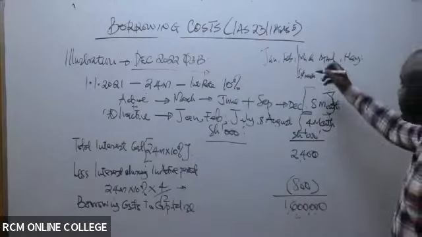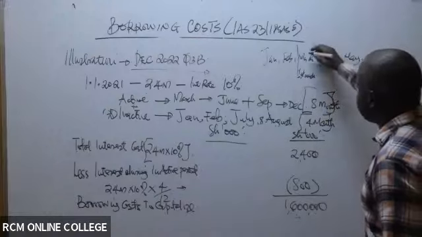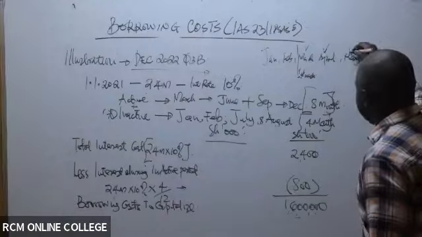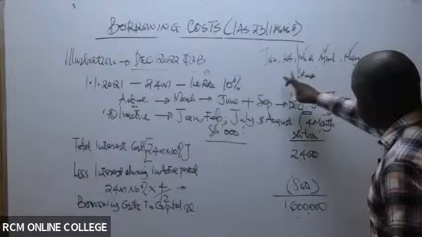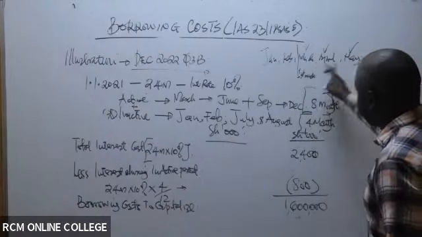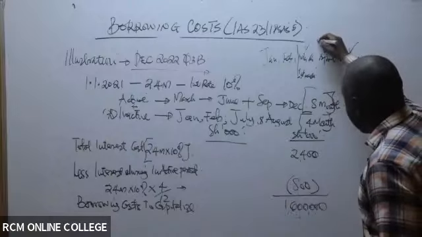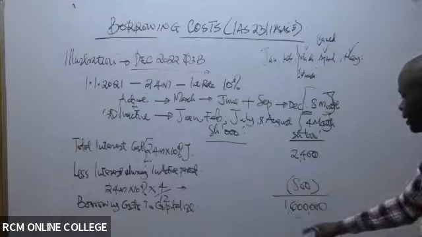So the active period of construction started in March, and the period they invested the money was March, April, May. So the interest earned for these 3 months, because they invested the money up to 31st of May, during this active period of construction, you have to deduct from here.